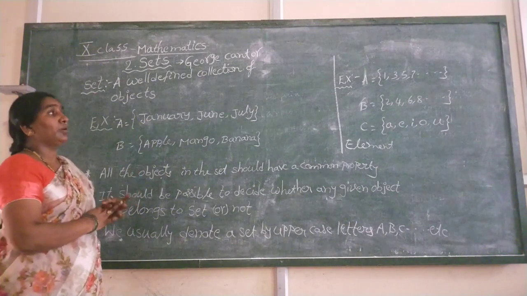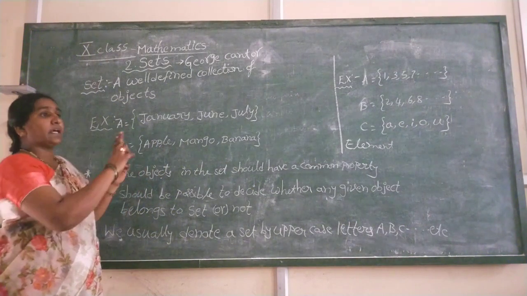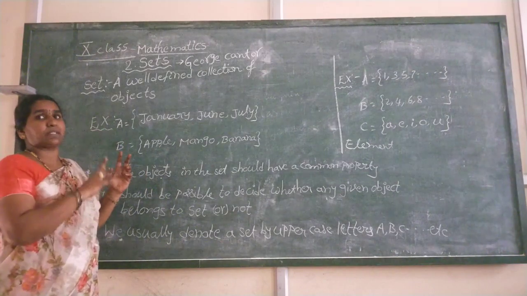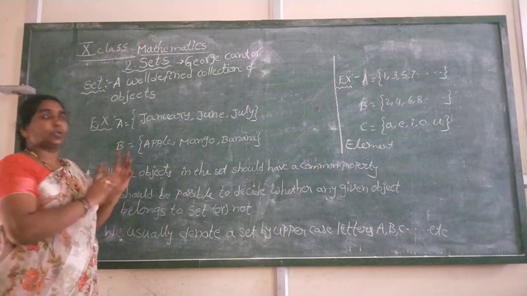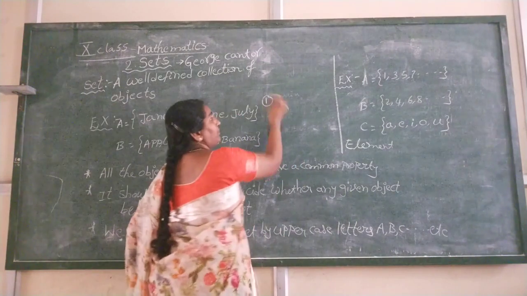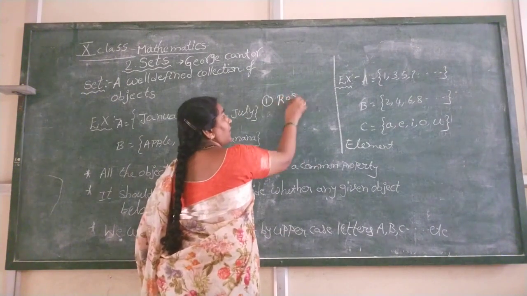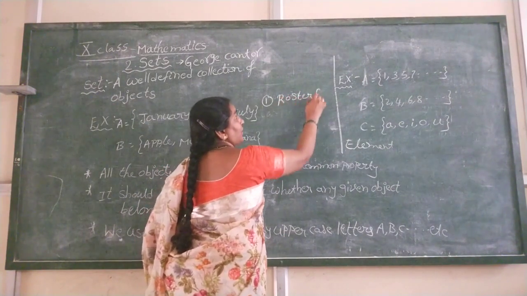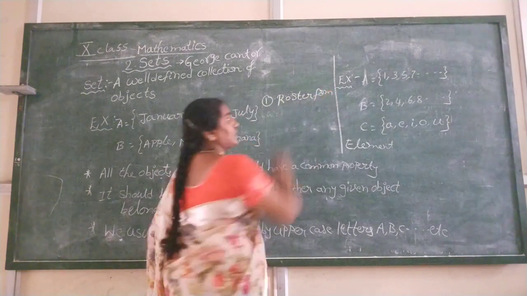Next we are going to define that sets are described in two types. First one is roster form or list form.